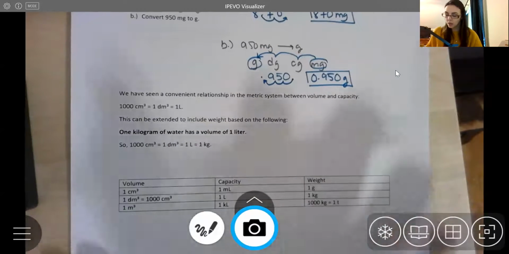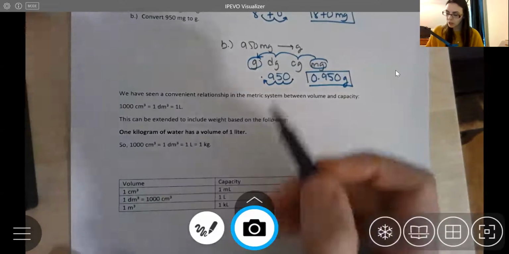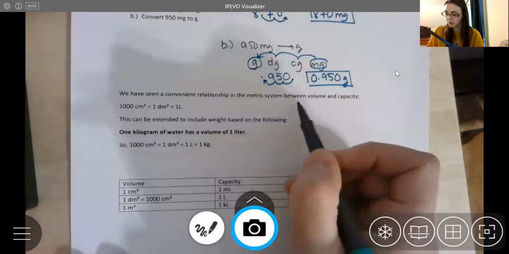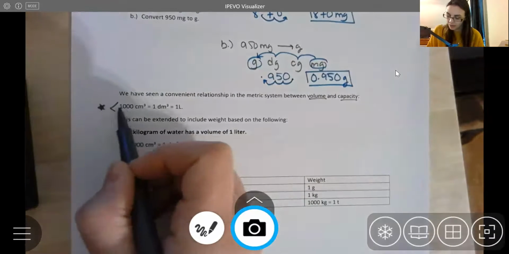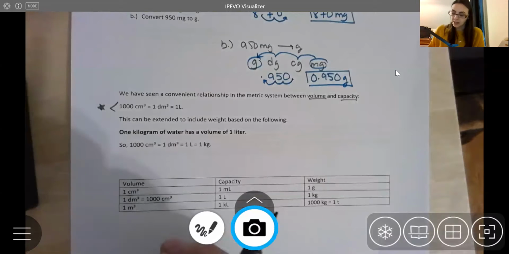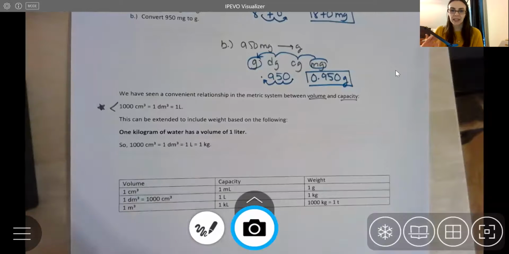Okay. So we saw before that there is a convenient relationship in the metric system between volume and capacity. And we've seen this one before. So 1,000 cubic centimeters is the same thing as 1 cubic decimeter is the same thing as 1 liter. And we can also extend the similar idea to weight.